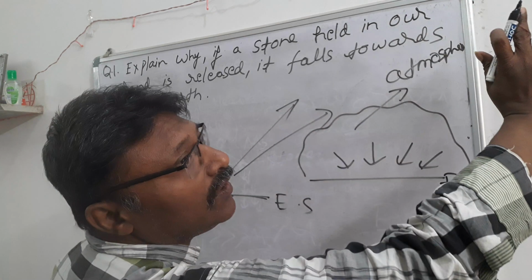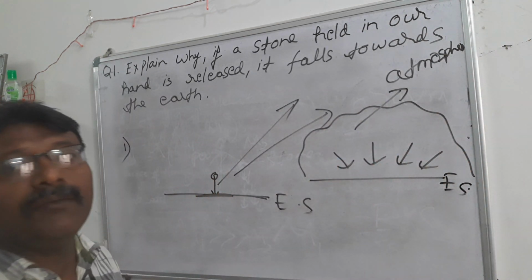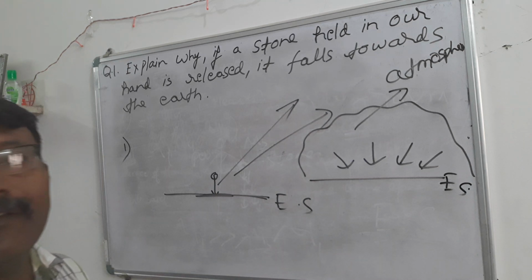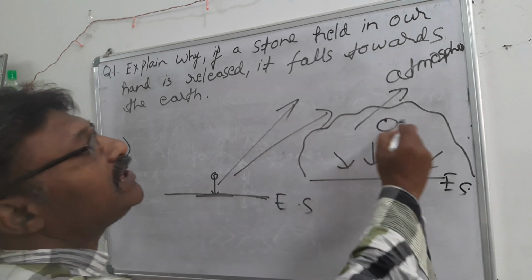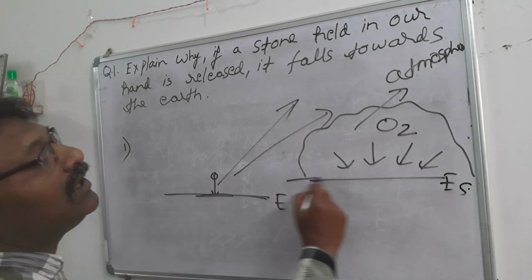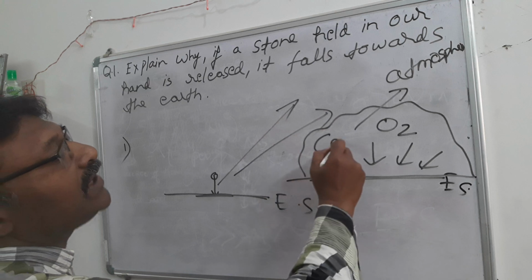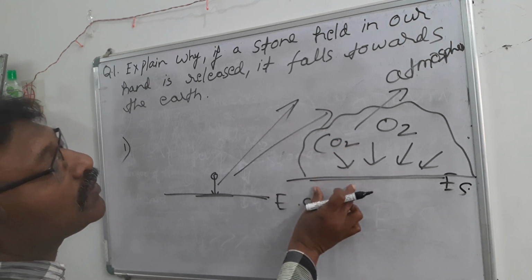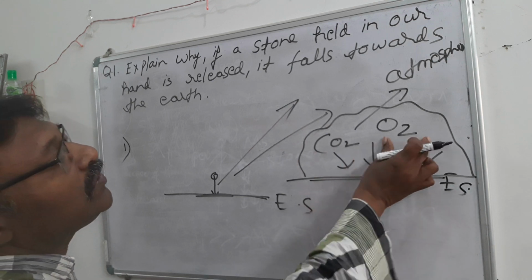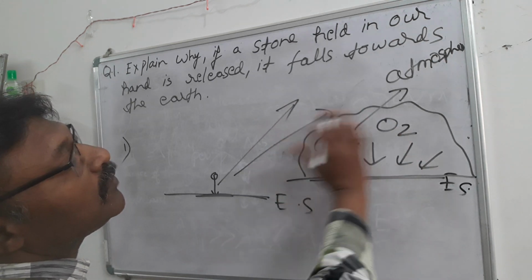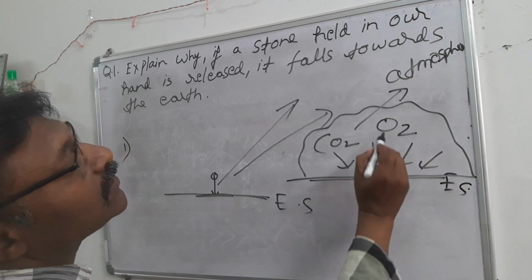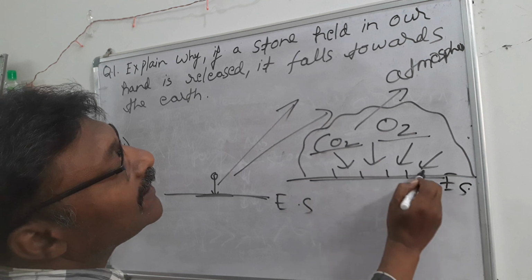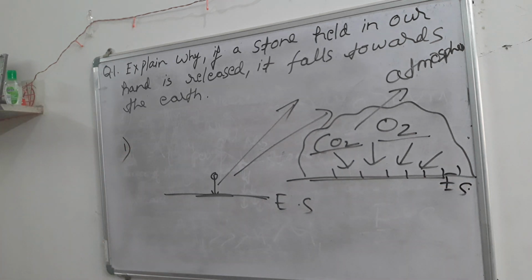This is very important because atmosphere is extremely essential for the survival of living beings. Oxygen is present and is required by all living beings. Carbon dioxide is also present, which is required for the photosynthesis of green plants. So the atmosphere is held near the earth's surface, and oxygen and carbon dioxide are available to all living beings, so they will survive.